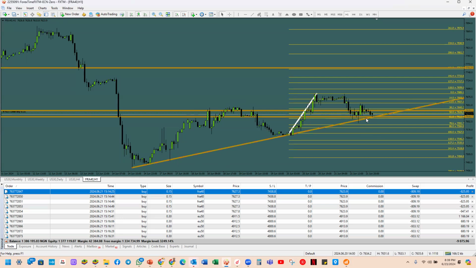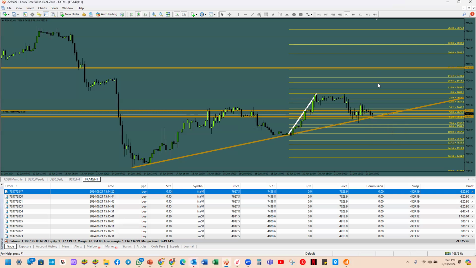This is the fifth touch. And the more touches on the trend line, the stronger the signal the market is giving you. The first time the market created this, it came back, hit it here, went up, came back and hit it here, came back again, hit it here, and now it's hitting it again at this point. So there's a chance that the market is going to go up.